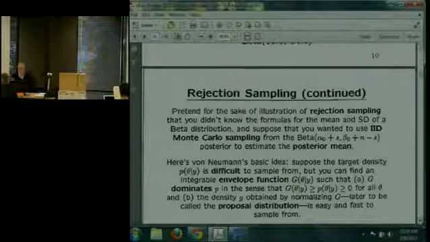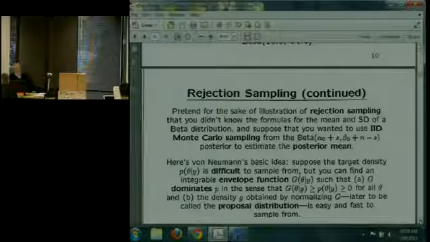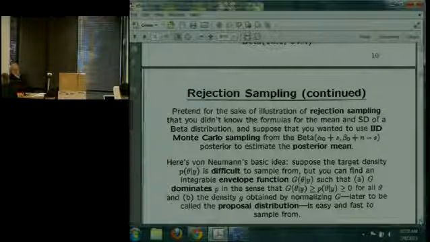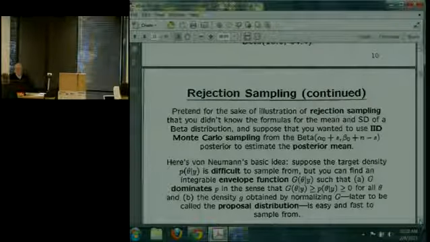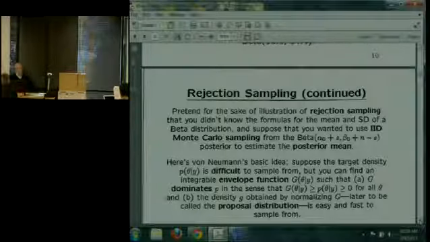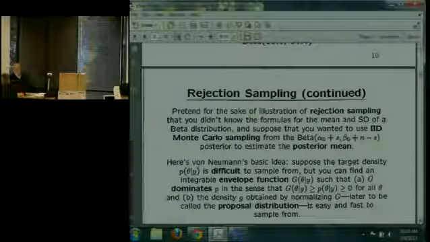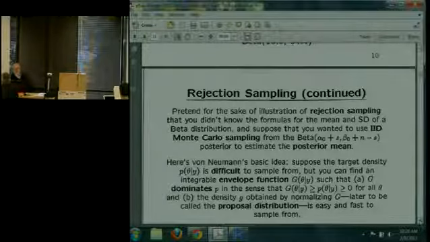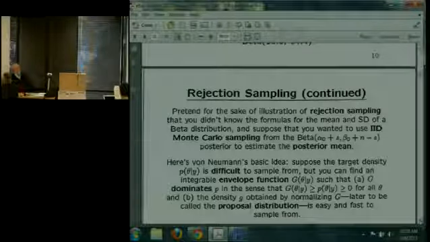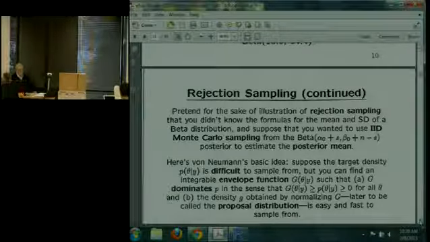And it relates to something that somebody said earlier. Suppose that the target density of interest to you, P of theta given y, is for some reason difficult to sample from. But instead, you can find another density that is easy to sample from and that has the important property that the new curve that you draw dominates the distribution you're interested in, in the sense that it's always at least as high as the distribution you're interested in.